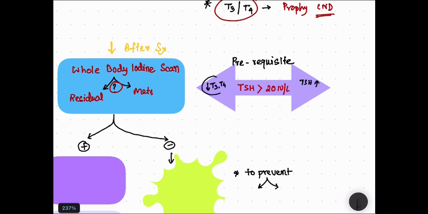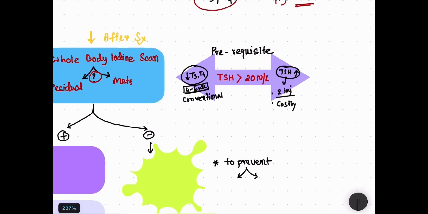When we are not giving thyroxine for 4 to 6 weeks, that is the conventional method, but that is time consuming. You have to wait for 4 to 6 weeks to actually know whether there is any residual disease or metastasis, and in this meantime anything can happen. So what is better is increasing TSH. TSH can be given as 2 injections in 2 days.